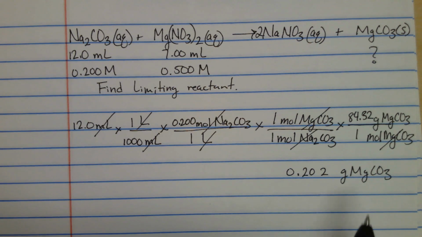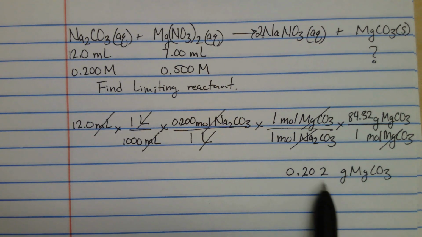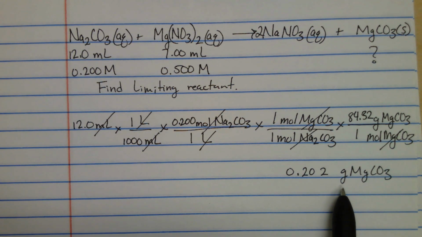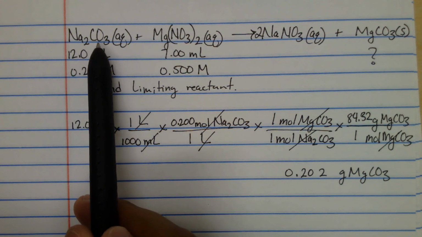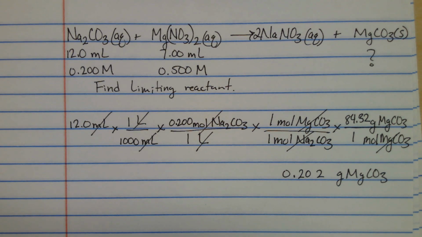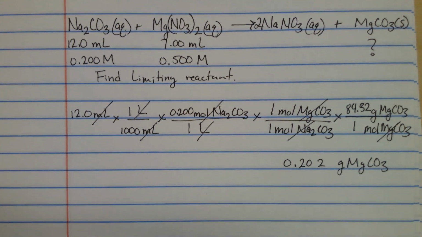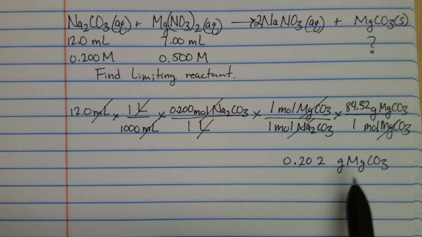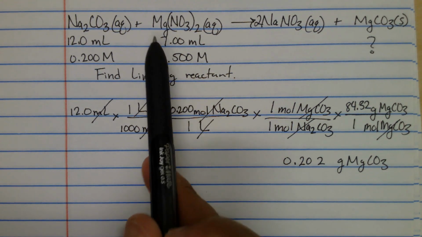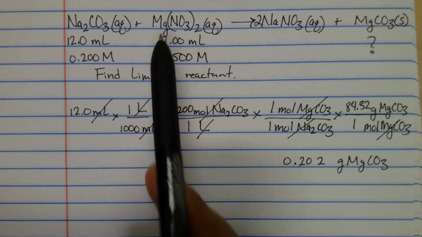So let's pause there and just discuss. This is the mass that can be produced if our sodium carbonate is the limiting reactant, but we don't know that yet. What we would need to do is now test the magnesium nitrate. And so let's go find out how much magnesium carbonate can be produced from the magnesium nitrate.